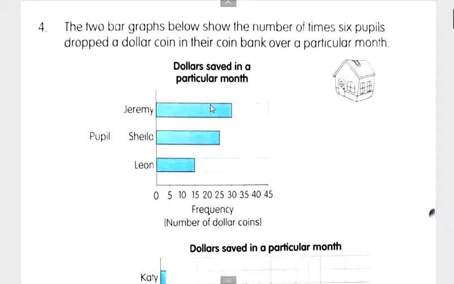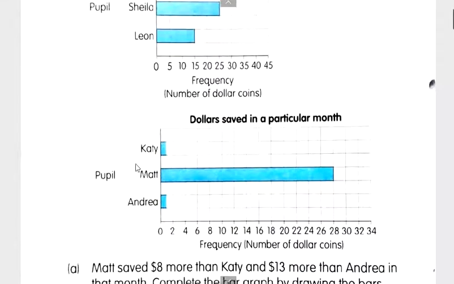Number 4. The two bar graphs below show the number of times 6 pupils drop a dollar coin in their coin bank over a particular month. Okay, so these are the first three pupils, Jeremy, Sela, and Leon, and the other three pupils.